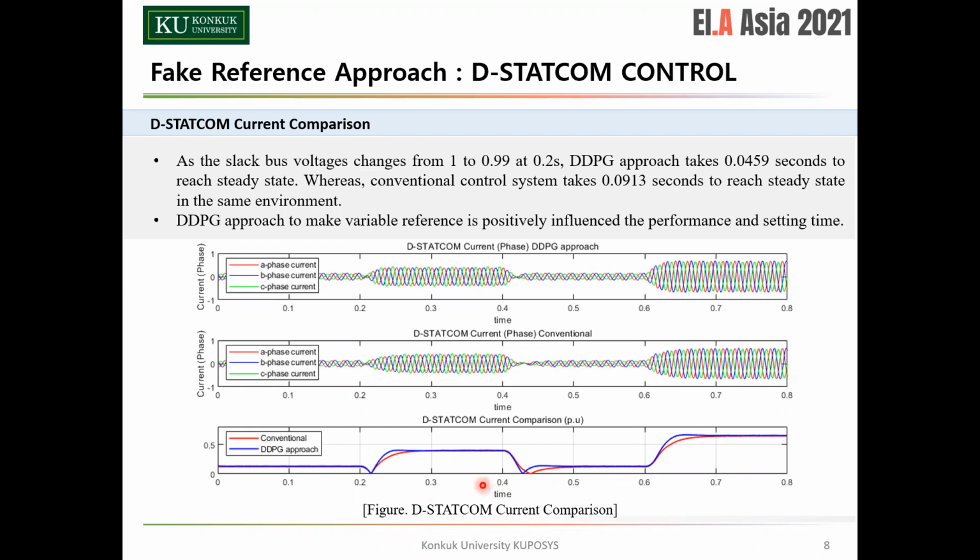As we've seen, making a variable reference with the DDPG approach positively influences performance and settling time. As you see in this figure, the waveform converges to steady state way faster when comparing the DDPG approach and the conventional method. So you can check that the transient performance is improved.